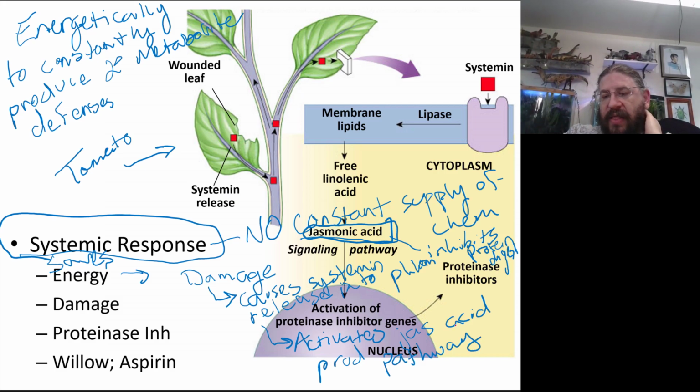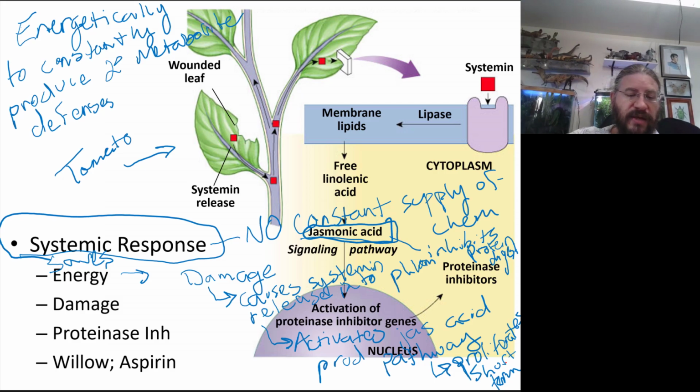Right? And then that proliferates in the plant, short term. So, in quick order after damage, you fill your plant leaves up with jasmonic acid.